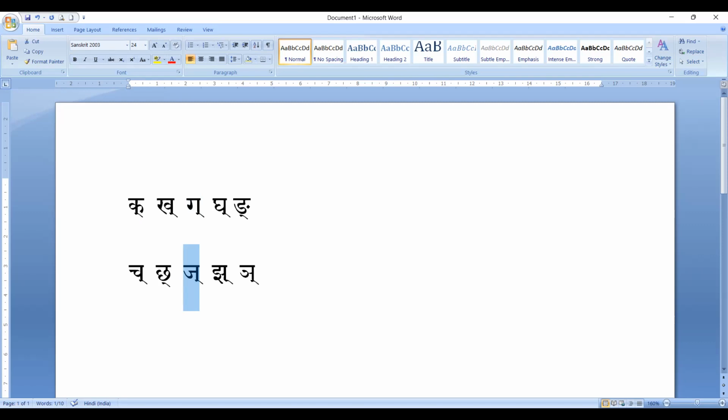That is how you have to select, and that happens to be the Kavarga respectively, because all the class consonants are in the same order. Therefore, correspondingly, we can easily replace.